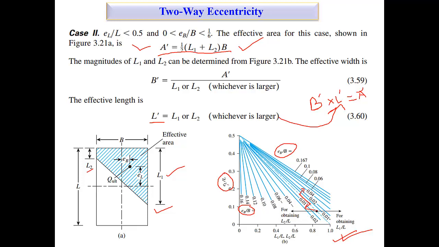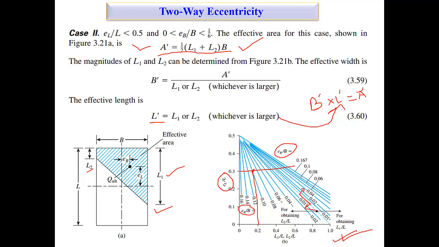Suppose EL by L is 0.3, just for an example. Suppose 0.3 I'm drawing, and you find that EB by B is 0.1. So that time it would be like this here. You understand or not? Then you go downward and you find this, suppose like this. So that would be your L2 by L value. In a similar way, here you can go back to find the 0.1.